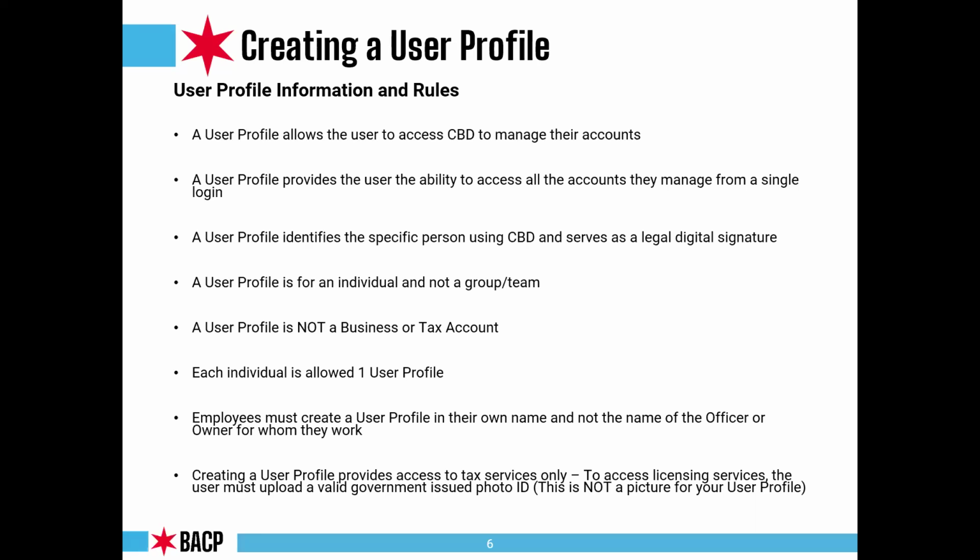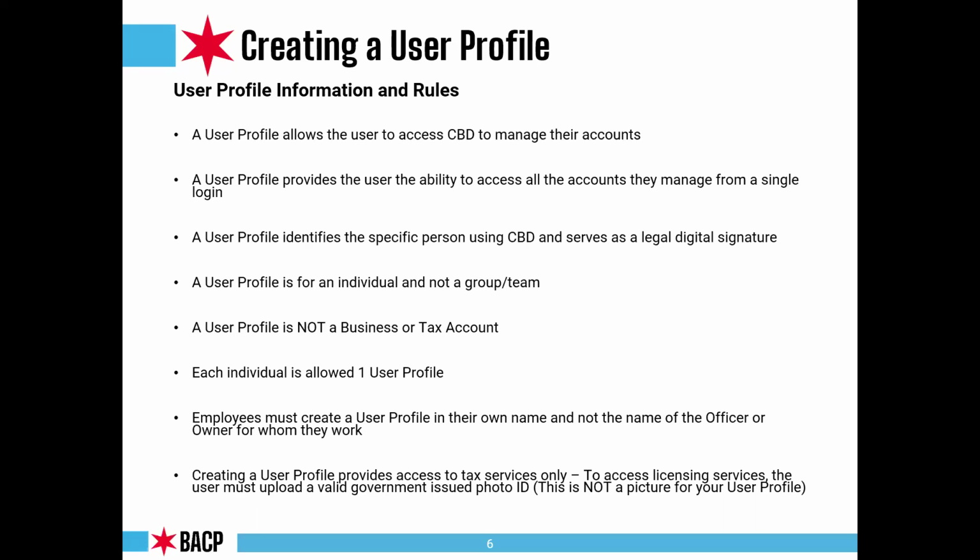A user profile is for an individual, not a group or team. It is not a business account or a tax account. An individual is allowed to have one user profile. If you were to create multiple profiles, those other profiles will be disabled and you will be contacted by a representative to determine which user profile you wish to remain active.